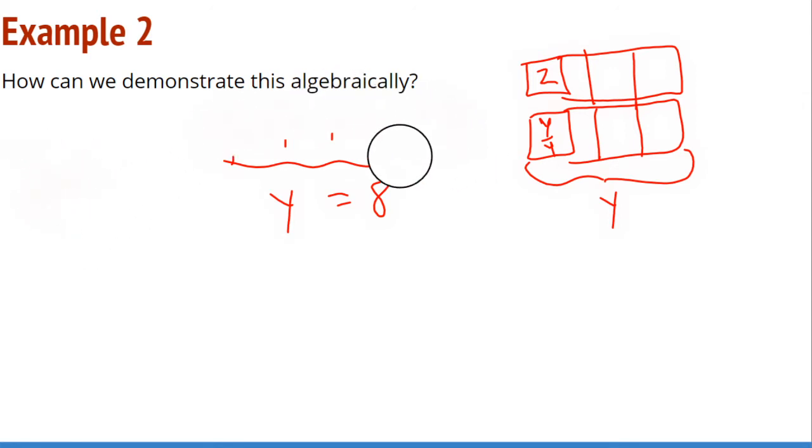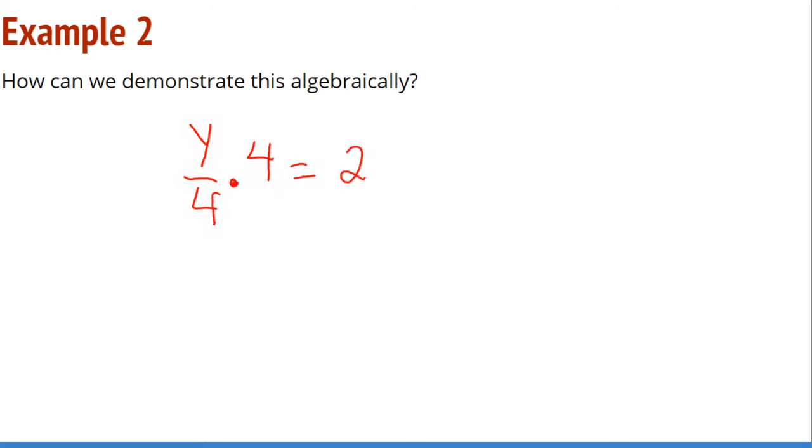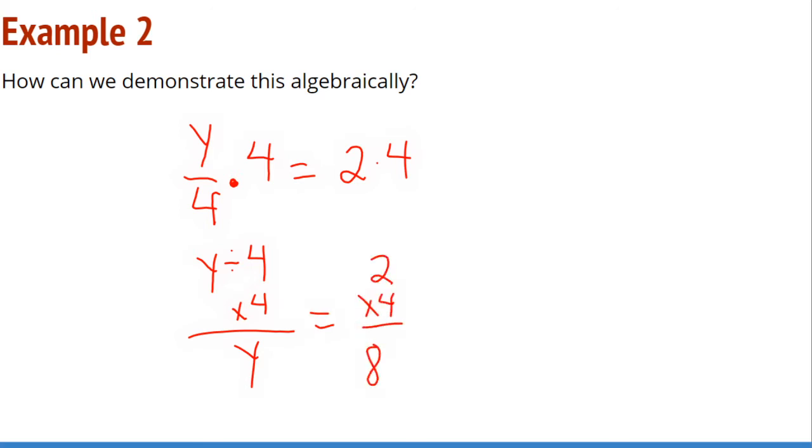Now, there are lots and lots of different ways that you could show this algebraically. I could do it this way, and that would show what's happening. And I know some mathematicians don't like to see it this way, but I will sometimes write it out this way so that I have that vertical spot for multiplication.